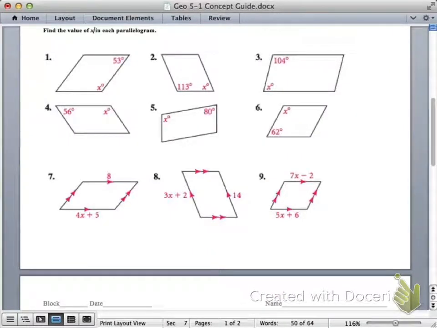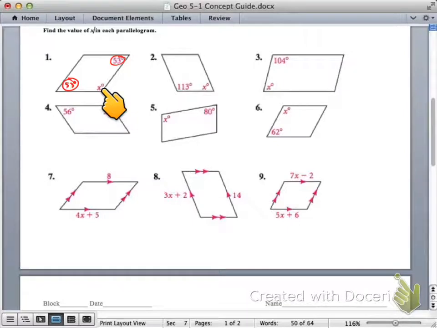Okay, some types of questions you'll be doing is solving for x, or solving for some variable. In these questions here, let's think about what our variable is. If you have a parallelogram and you're given one angle measure, you can figure out all of the angle measures. What were the rules that we learned about angles? Well, opposite angles are congruent. So if this is 53 degrees, then we know that this is 53 degrees.